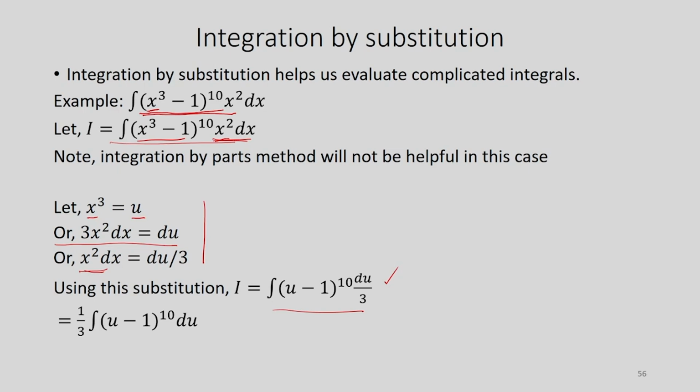So, instead of x cube I am writing u, and instead of x square dx I am writing du divided by 3. That way I have got rid of all the x's and dx's. So, I can take 1 by 3 outside. So, it becomes 1/3 of integration of u minus 1 whole to the power 10 du.